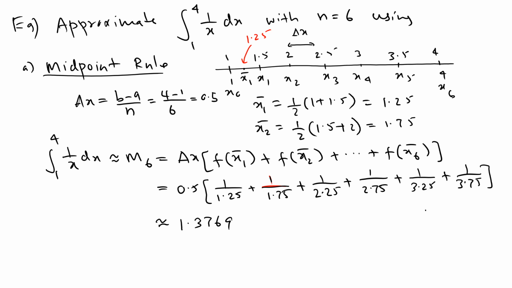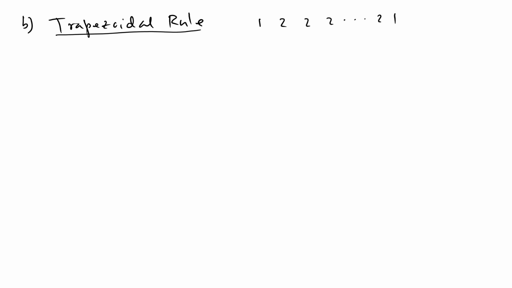What we did was calculate the midpoint for each interval. Now let's do the trapezoidal rule, part B. If you use the trapezoidal rule, it's pretty much the same. The format is 1, 2, 2, 2 like that, and then 1. We evaluate at the node points now.